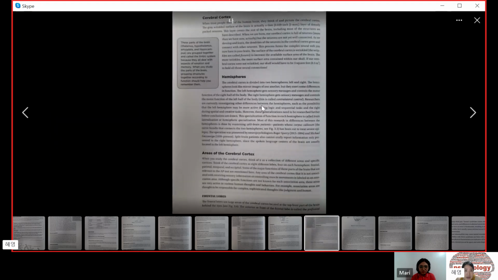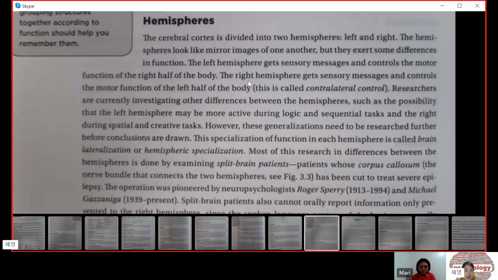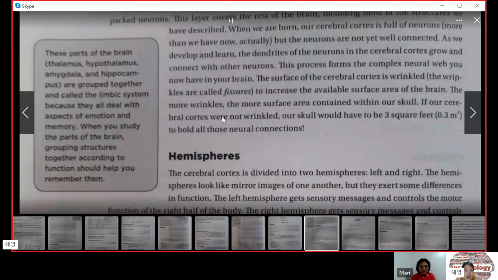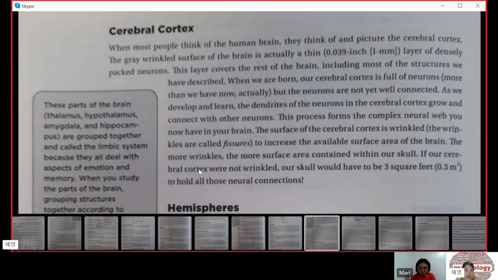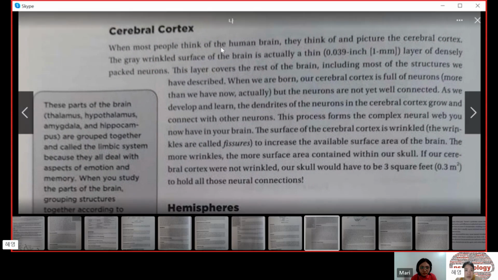And let's look at the next page. Cerebral cortex. When most people think of the human brain, they picture the cerebral cortex, surrounded by amygdala.